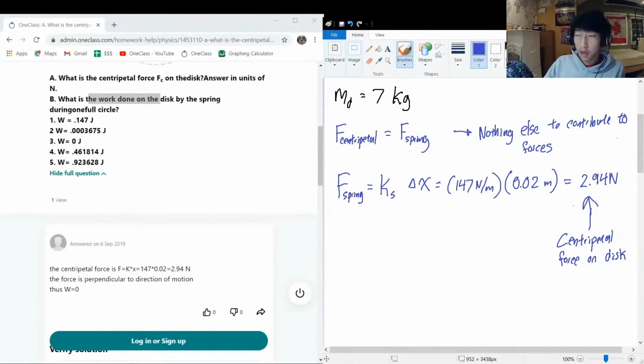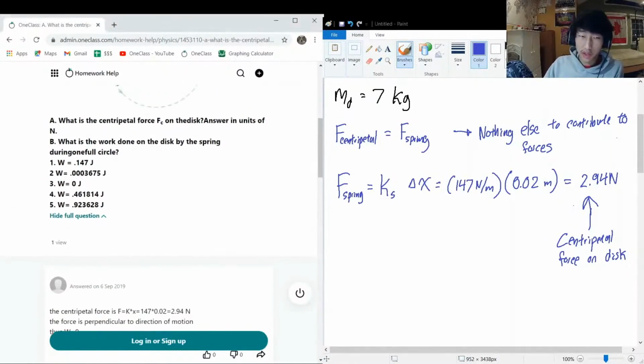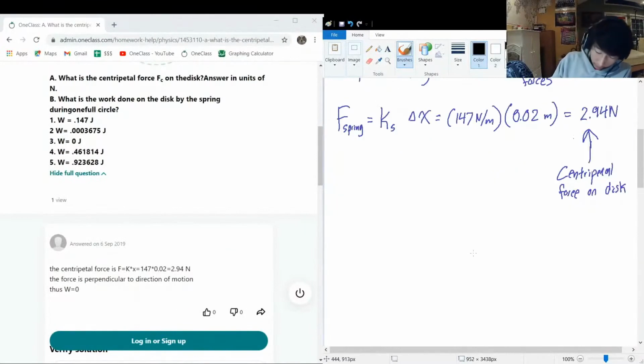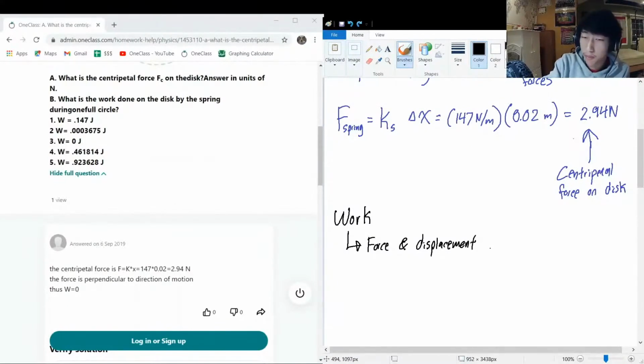Okay, so the next part of the question is, what is the work done on the disk by the spring after an entire circle is done? Now, this is a situation where we want to bring up one of our important rules about work. Work has to have the force and the displacement be in the same direction, or must be parallel.